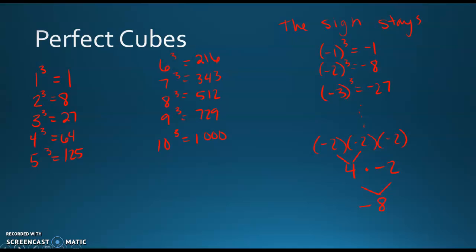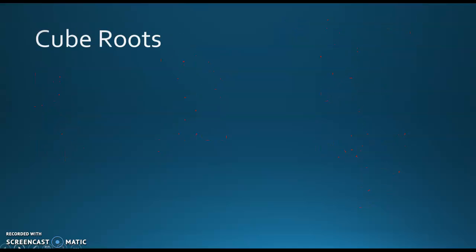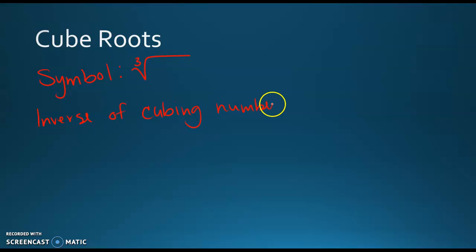All right, let's talk about cube roots. The symbol for your cube root is our square root symbol with a 3 inside that little checkpoint. And a cube root is the inverse function of cubing numbers, so it undoes a cube.